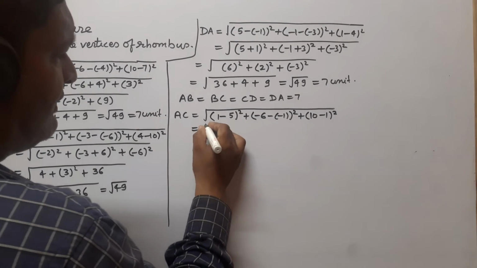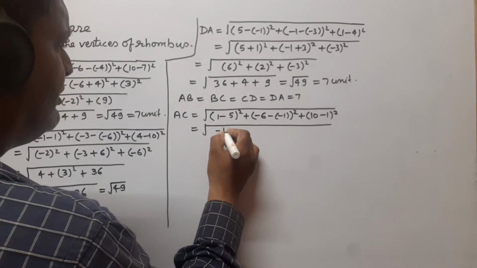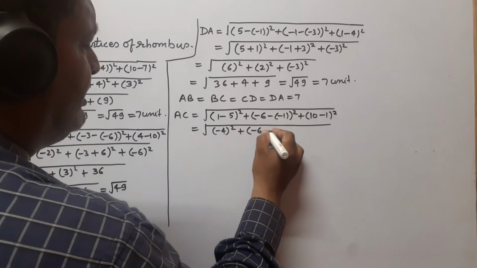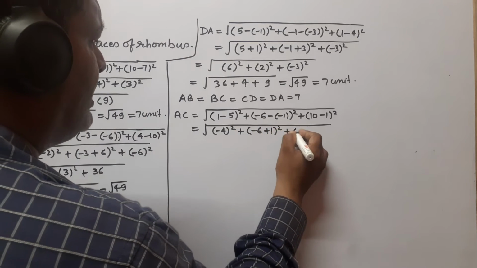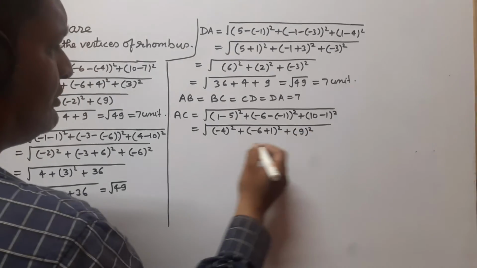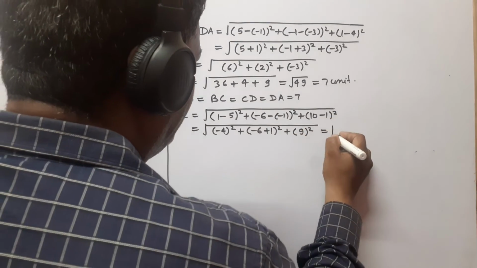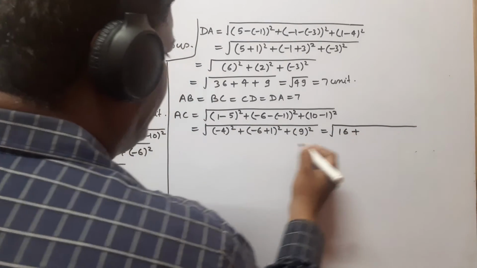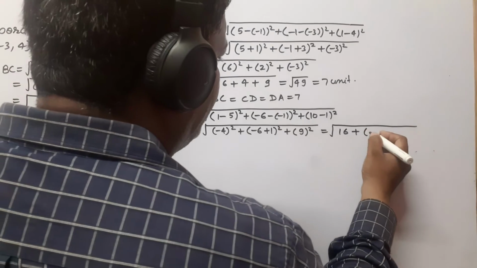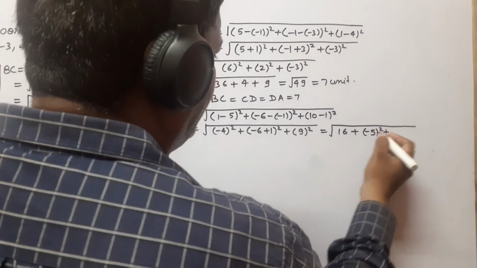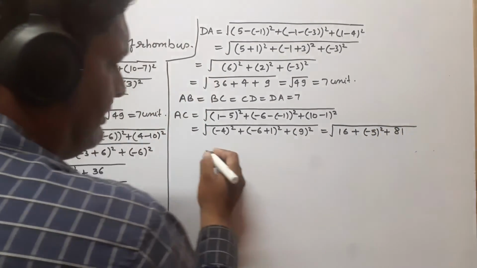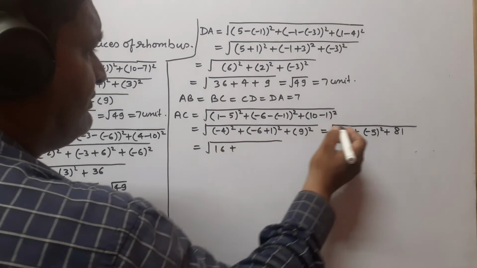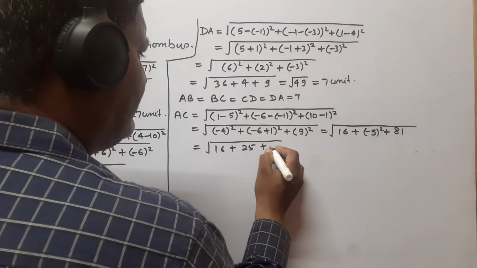So 1 minus 5 whole square, that is minus 4 whole square, and here minus 6, minus multiplied by minus plus, whole square, 10 minus 1, this is 9 square. So minus 4 square is 16, and here minus 6 plus 1 is minus 5 whole square, and 9 square is 81. So we can write 16 plus minus 5 square, this is 25, plus 81.